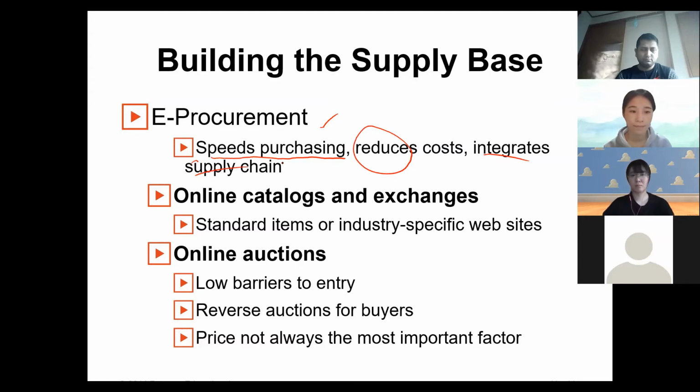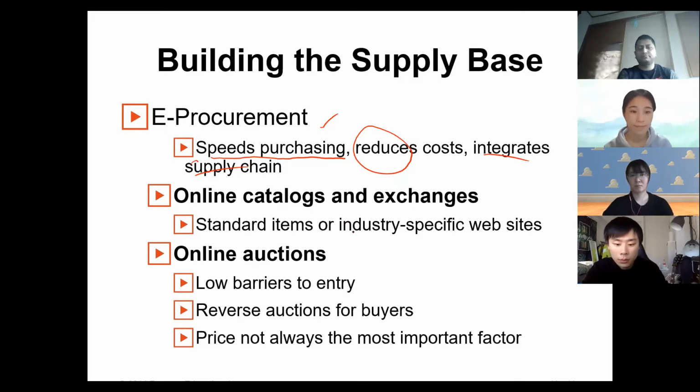And that's why there are many online catalogs and exchanges, for example in the electronic industry. There are industry-specific websites. They can buy standard items from the internet, okay? Or online auctions. I haven't seen online auction, but there are these kinds of systems being used for electronic procurement.